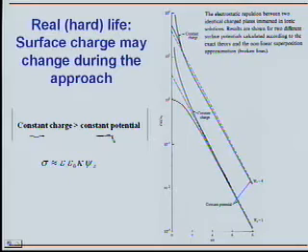When you bring the surfaces together at constant charge, they keep the same number of groups on the surface that they have at infinity. At constant potential, the potential remains constant at some point, and the surfaces decrease their charge in order not to allow the potential to go further.